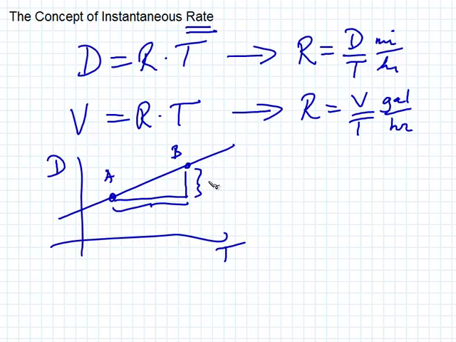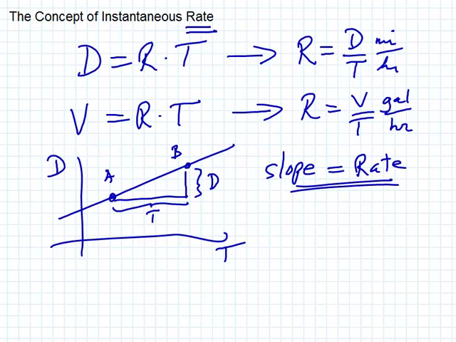So this has the units of distance. And the run is along the time scale. So this difference has units of time. And so if I take the rise over the run, I have d over t, which is back to this miles per hour thing. So your slope is equal to your rate.